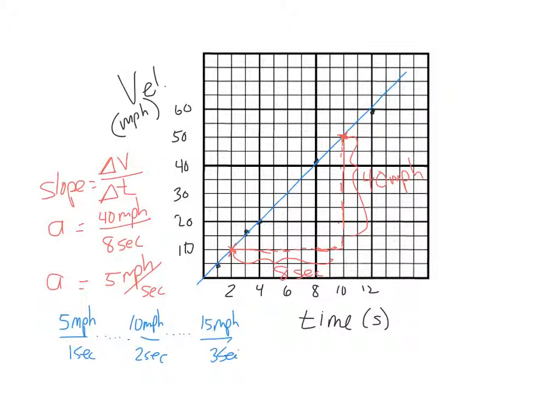So I hope you're seeing and realizing what's happening here. This is telling us how much faster, how much velocity changes for every unit of time that goes by. So every second, we're just going to keep getting faster and faster and faster. By how much? By 5 miles per hour every second.